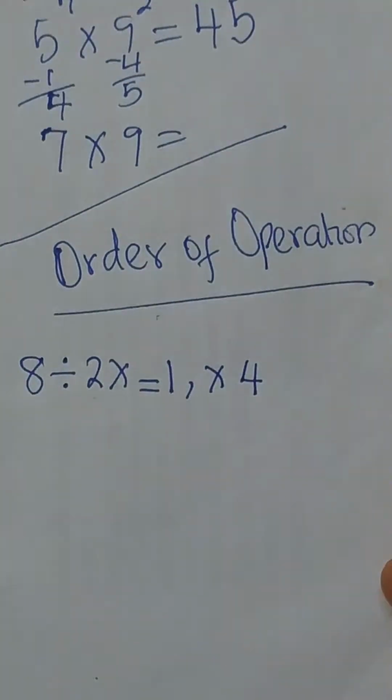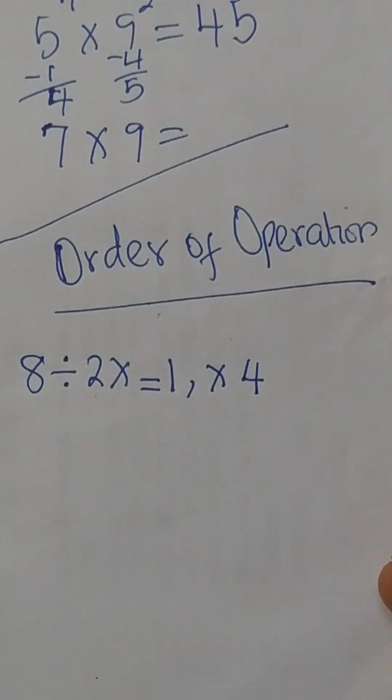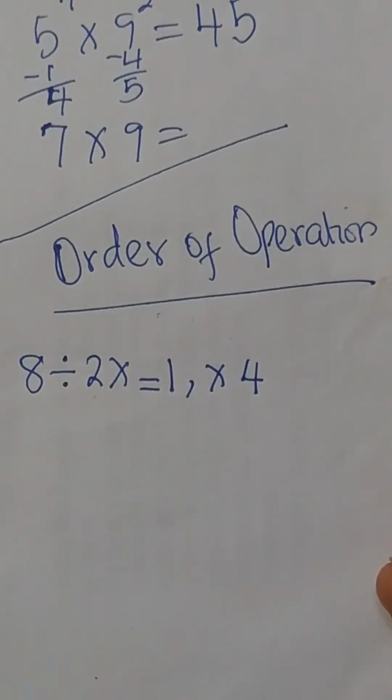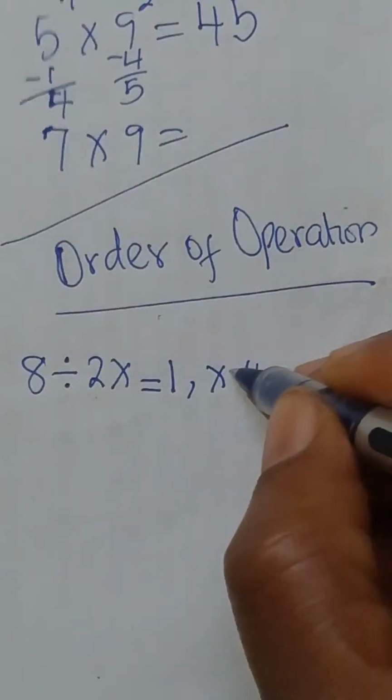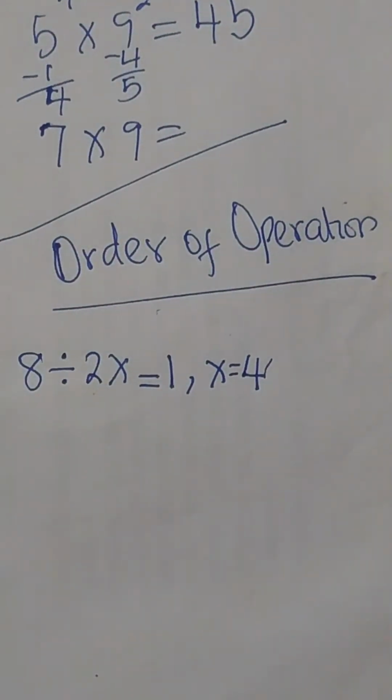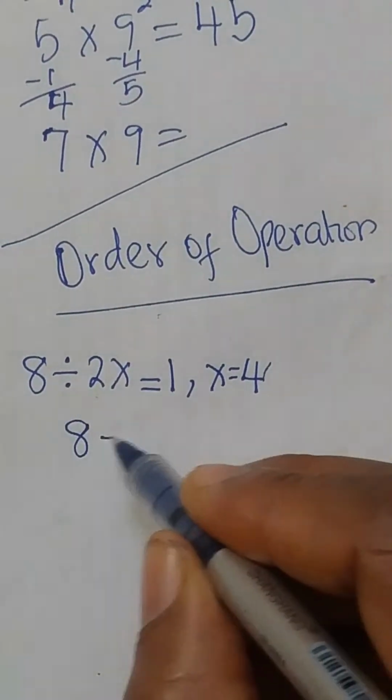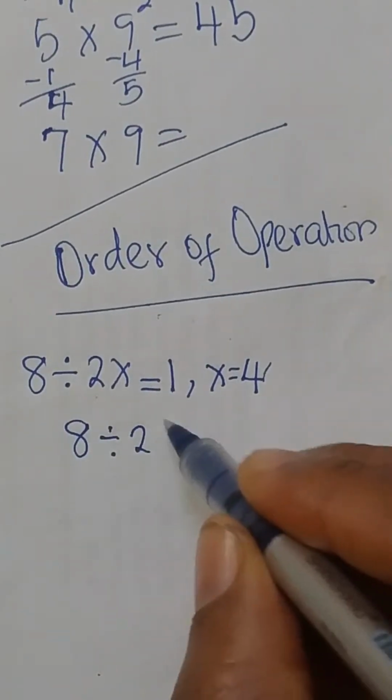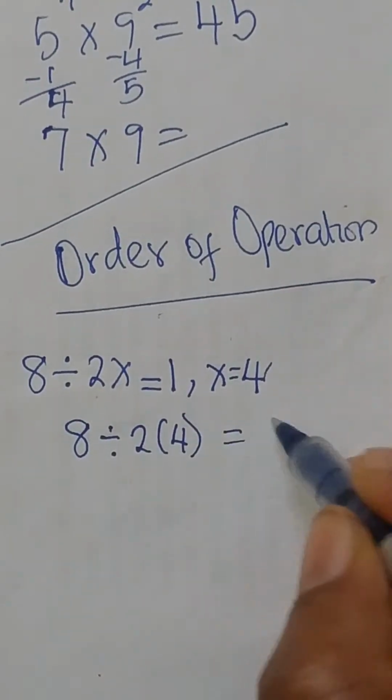What do you say I should do? Now, if you say that x is 4, what we just need to do is substitute 4 wherever we see x here. So we have 8 divided by 2(4) is equal to 1.